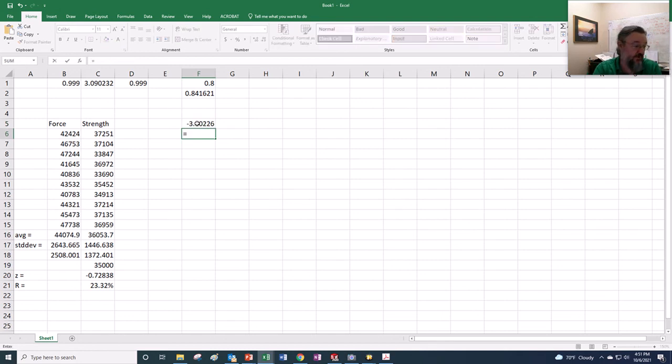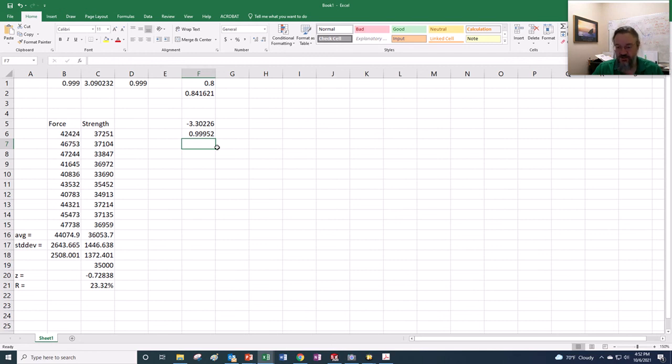So the reliability that I will get is going to be, get probability from Z. That's what I want: norm.s.dist, and from here, comma, true, boom. Now I want 1 minus that. There you go. 99.95% reliability is what I get if I use that. Yeah, 99.95% reliability is what I end up getting from that.